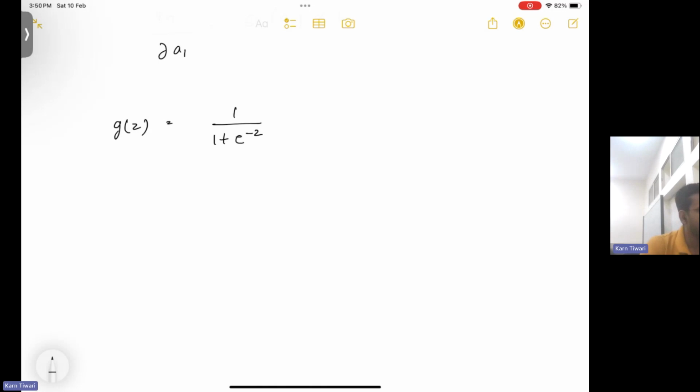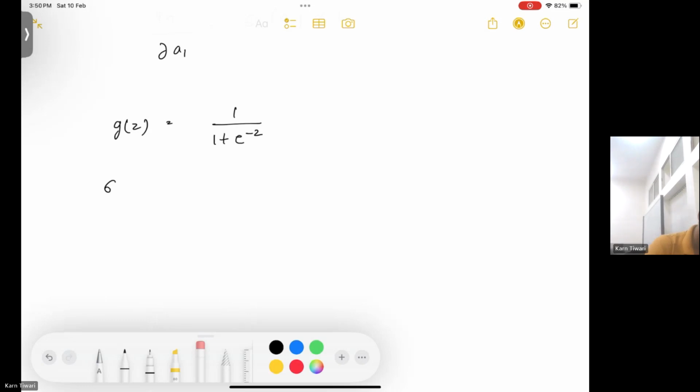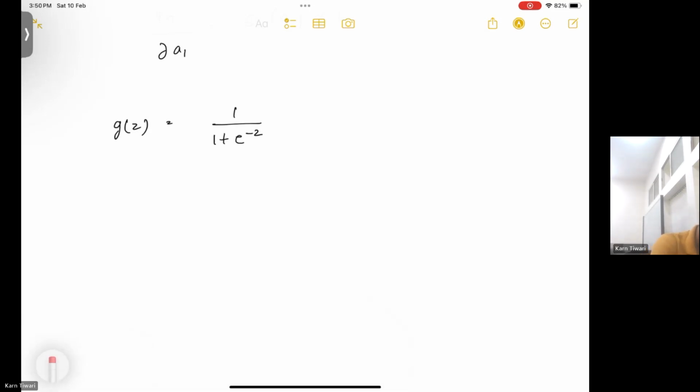Now I want to take the gradient of it, so we want to find g dash z.